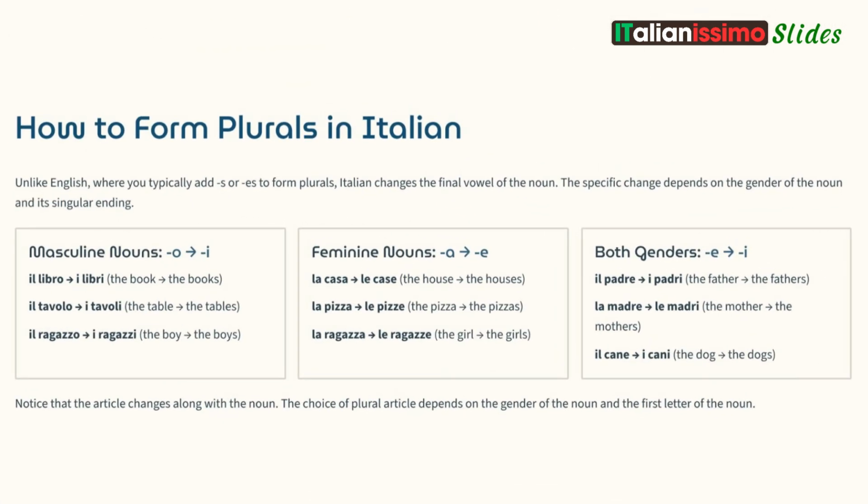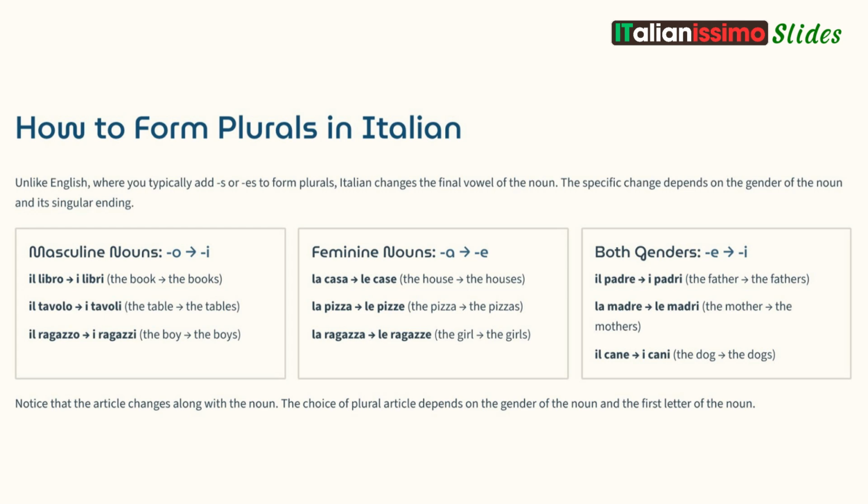How to form plurals in Italian. Unlike English, Italian changes the final vowel of the noun. Masculine nouns, O goes to I, like il libro, i libri, il tavolo, i tavoli, il ragazzo, i ragazzi.